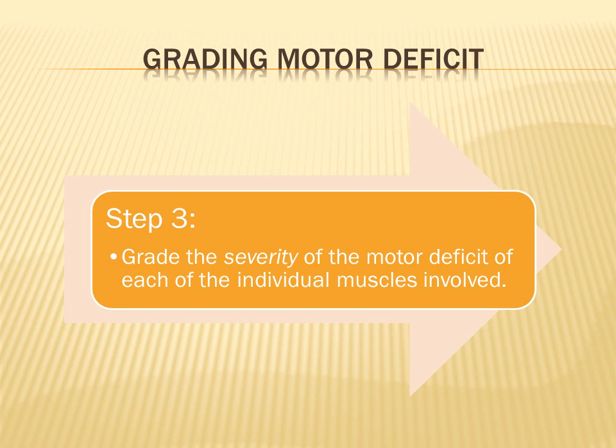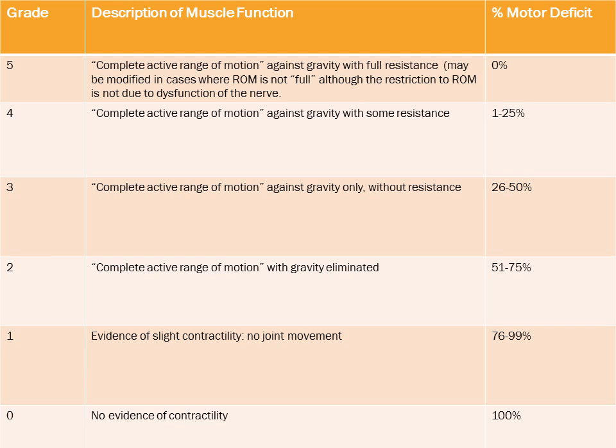And step 3 requires that we grade the severity of the motor deficit of each of the individual muscles involved. And in order to do this, we go back to Chapter 16, Table 16-11, and we've described this table already at length.